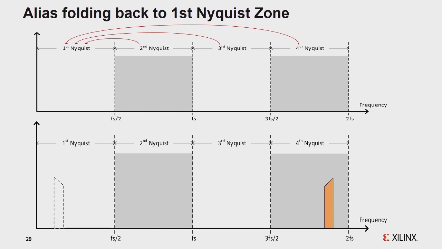That is the idea of how we use the Nyquist zone. That means even though we know that aliasing is not desirable, you can use this feature for our data converter, because we use the aliasing falling back to the first Nyquist zone to take advantage, converting the higher frequency to the lower one.